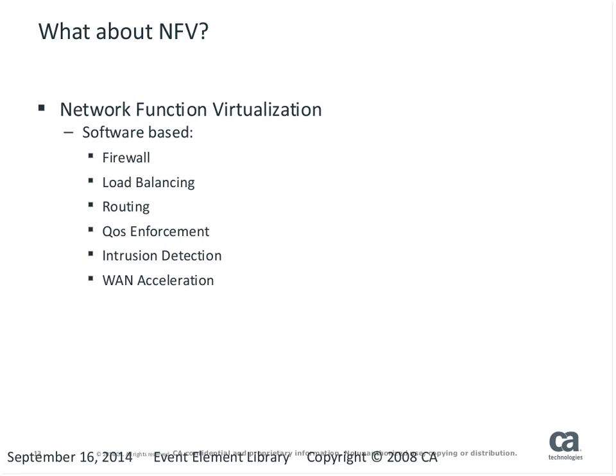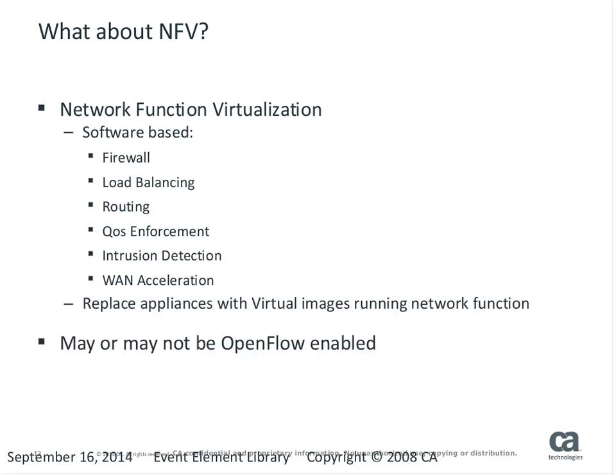We're looking to take that capability, virtualize it, put it on a hypervisor of some sort, and run those images in place of having all the appliances on the network. And all these technologies may or may not be OpenFlow enabled. Again, OpenFlow is one way to have an SDN network, but all these NFV components may not be OpenFlow enabled.